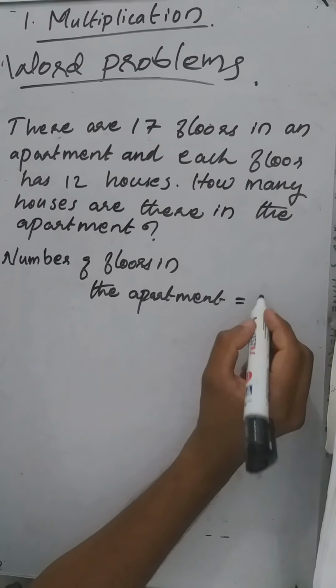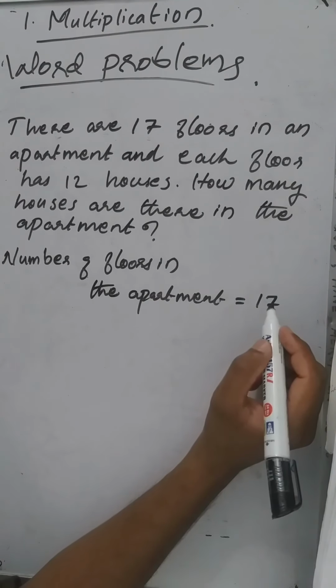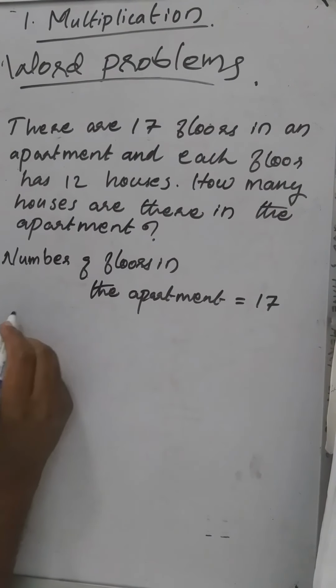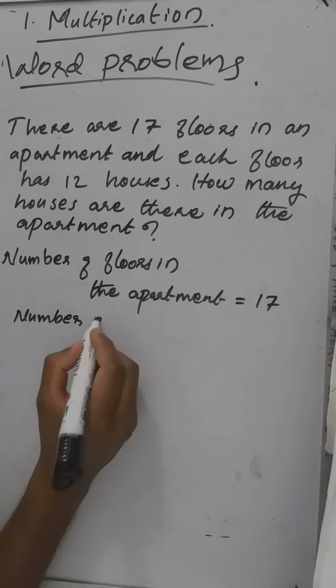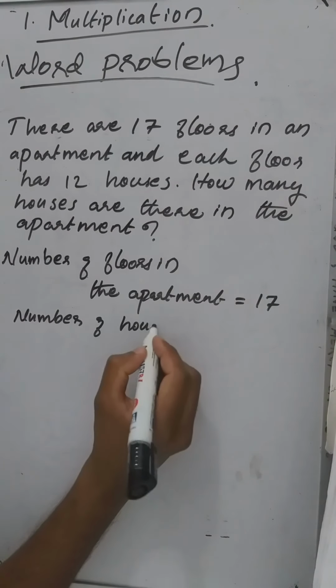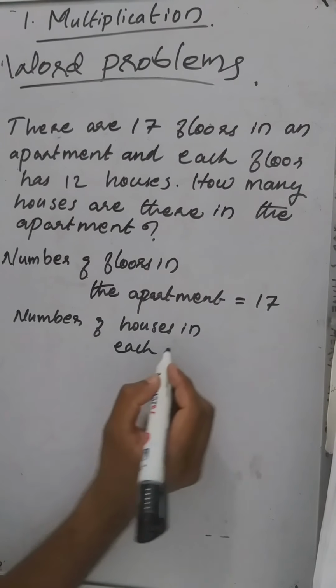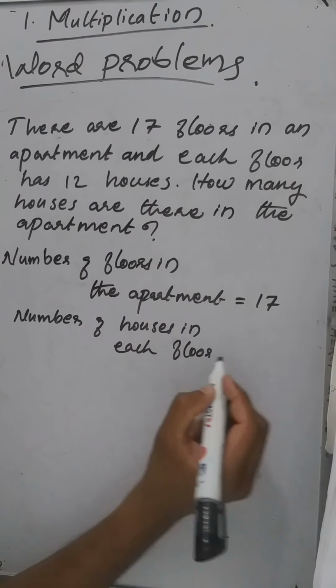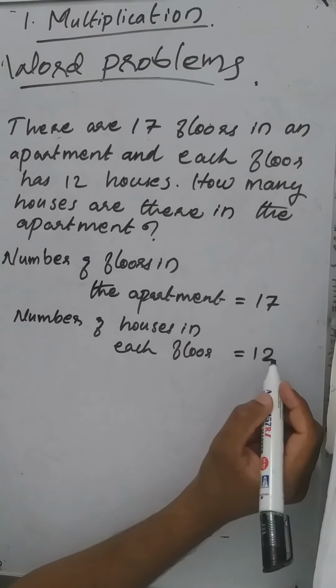There are 17 floors in the apartment. Now in the second step we have to write number of houses in each floor. So it is given that there are 12 houses in each floor.